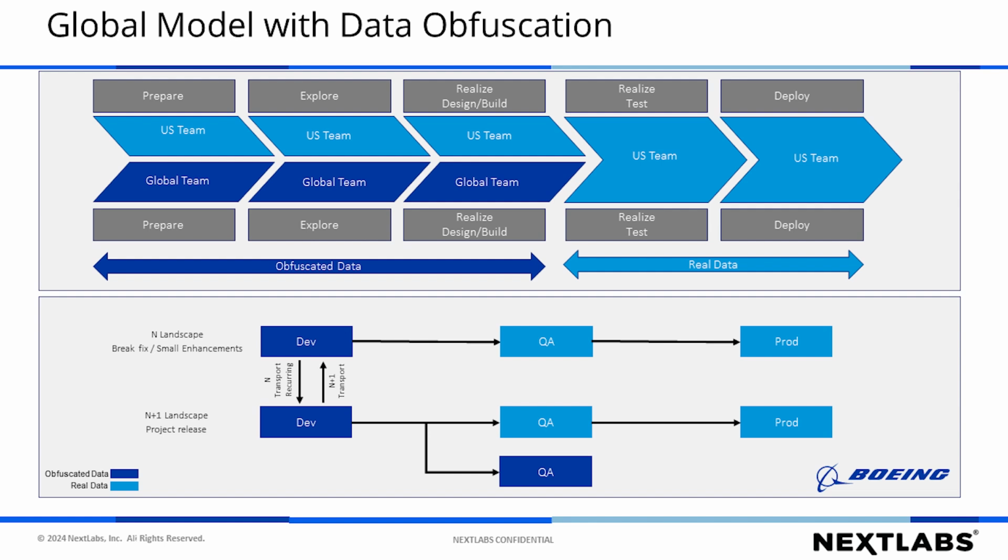And then there was another environment for everybody else who's implementing, Boeing, non-Boeing, US and non-US, to leverage global talent, where we have obfuscated data through other techniques. But what we have also now introduced is that NextLabs has data obfuscation capabilities. So I'll highlight that. And you've got the prod team too.